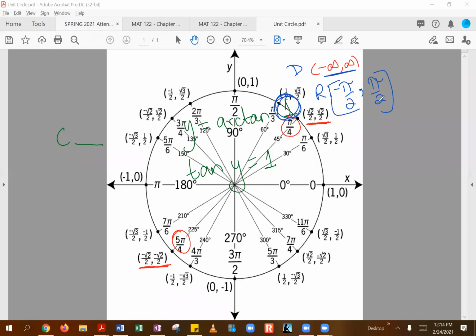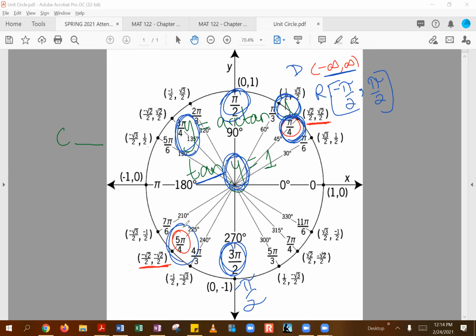So that will actually put a restriction on your y value. Since the y value in the tangent function can only go from negative pi halves to positive pi halves, that means you're only sticking with pi over 4.